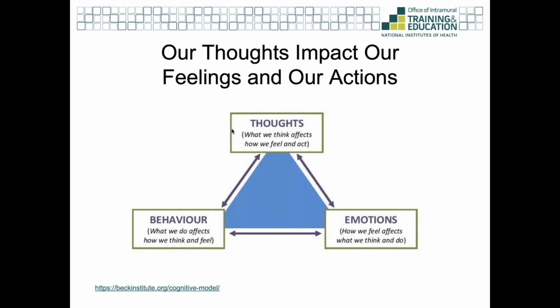So we have the ability to impact this triangle by focusing on our thoughts. We likewise have the ability to impact this triangle by changing our behavior, or by paying attention, acknowledging our emotions, and working through them. But today, what we'll focus on is the thought part of this. So just remember that these three things are all connected.